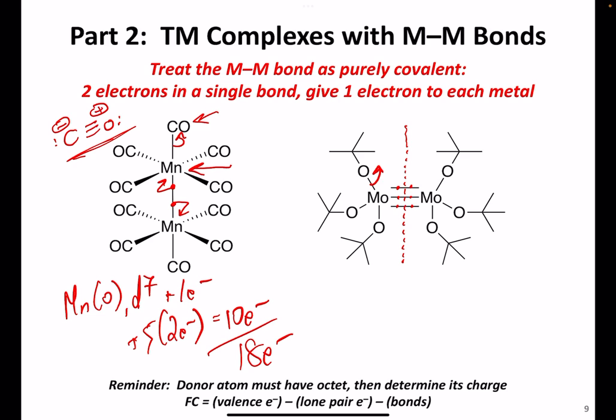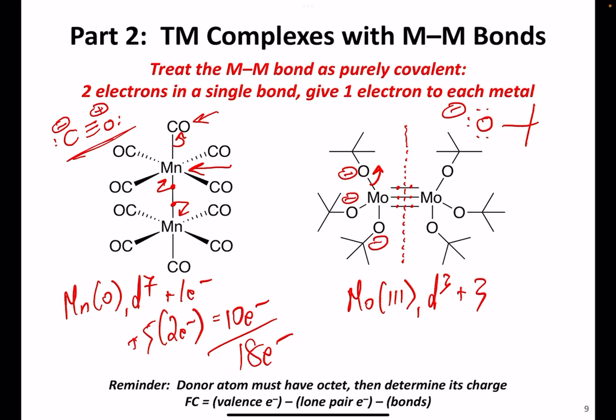If we give the electrons back to these oxygen donors, notice that these are just tert-butoxides. Tert-butoxide is an anionic donor, and so this is anionic, anionic, anionic. This is molybdenum 3. Molybdenum 3 is d3, plus 3 electrons due to the triple bond gets you up to 6 electrons, plus 3 2-electron donors for the alkoxides is 6 more electrons. 3 plus 3 plus 6 is 12 total electrons. This is a 12-electron compound.